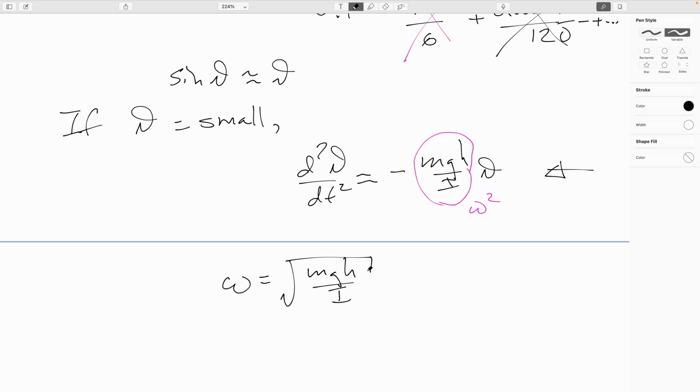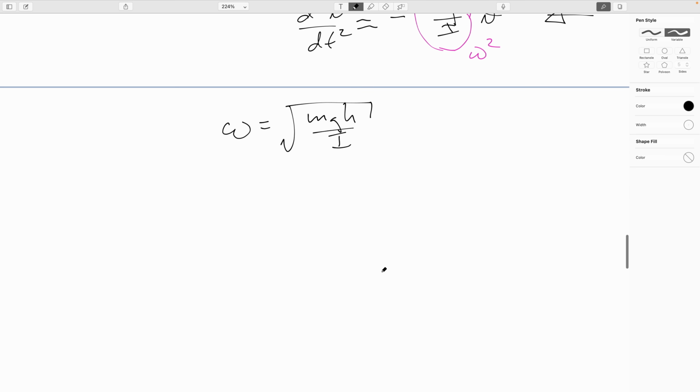So let's just try this. Let's see what we would get for, say, the period of a meter stick. If we take a meter stick and just very loosely hold it right at the very end to let it swing freely about the end, what would the period be?